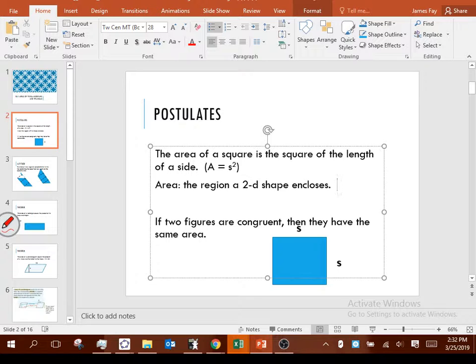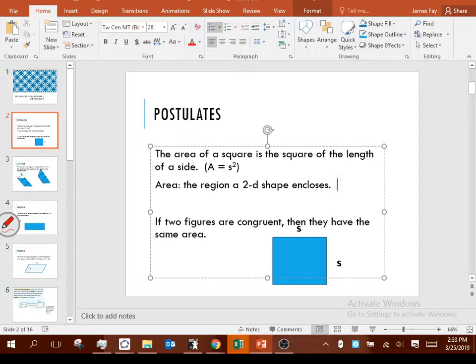The final statement there is that if two figures are congruent, they have the same area. If they're congruent, then their dimensions are all the same: lengths, width, height, altitudes, all that kind of stuff. Therefore, when I put them in a formula for a shape that is congruent to another shape whose area is already found, the components inside my formulas have to be the same.